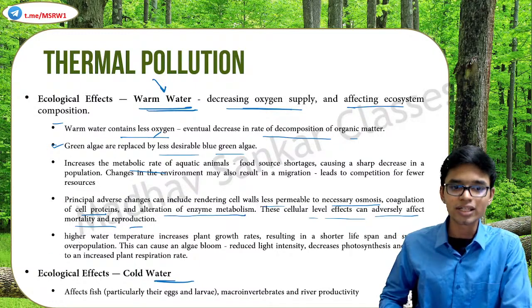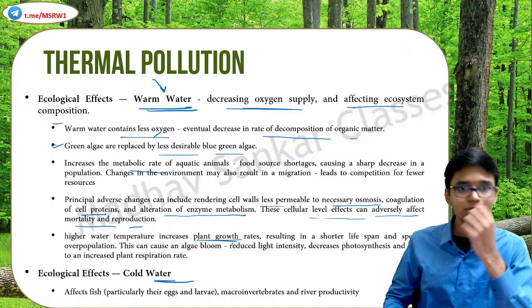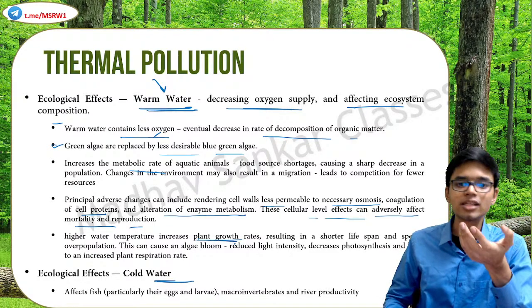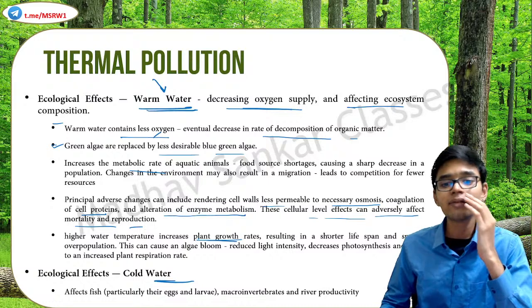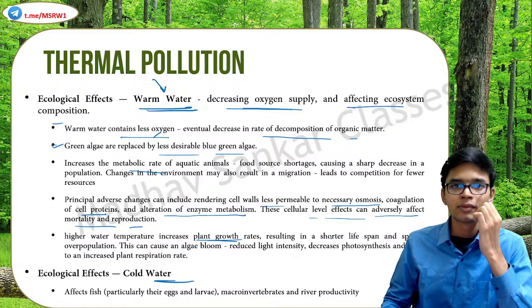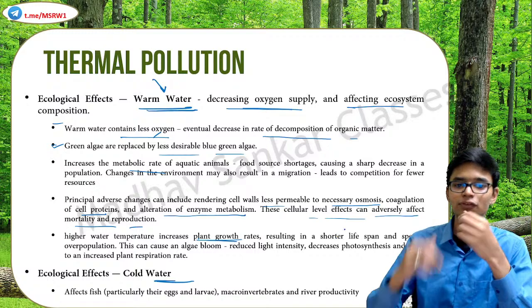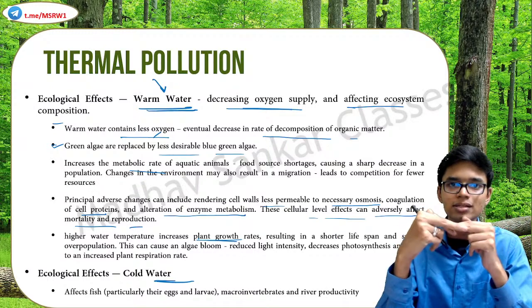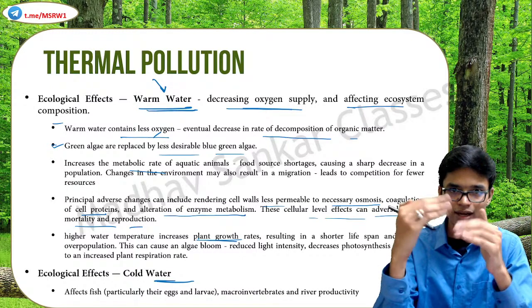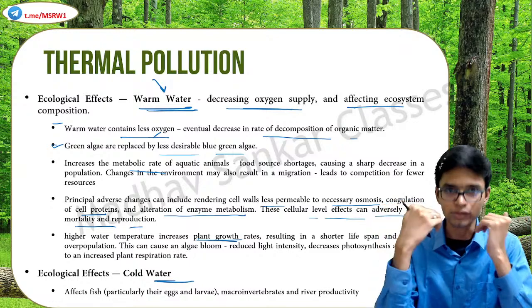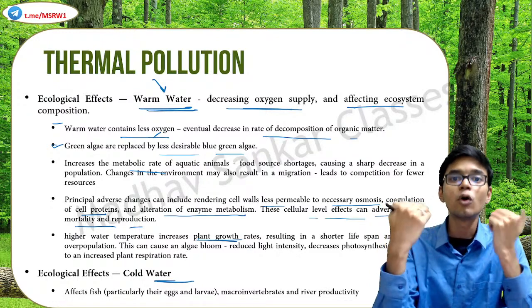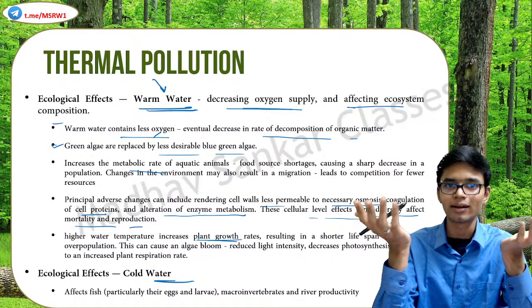Higher water temperature increases plant growth rate. So when the growth rate is increased, what happens? Lifespan will reduce. Also, population increases. Okay, if you increase the growth rate, what happens? Since the growth rate is very high, the lifespan reduces, but population increases.